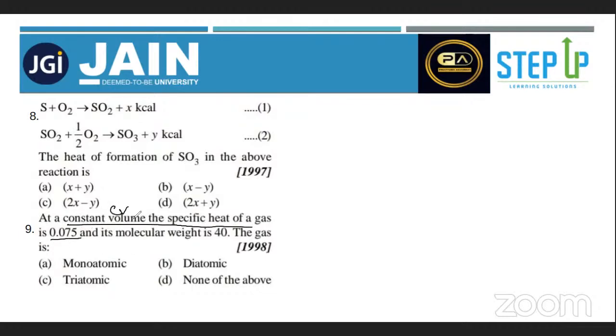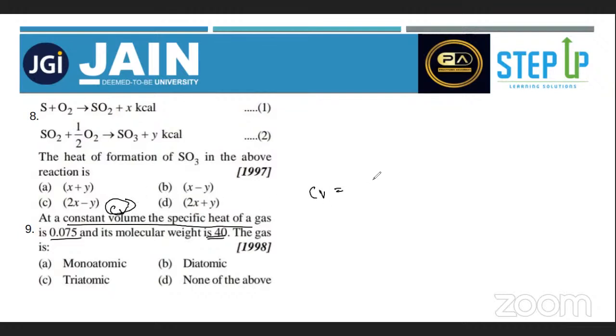That is, Cv is given to you. Its molecular weight is 40. So what will the gas be? I'm trying to find out the Cv value, the molar heat capacity. The specific heat of the gas at constant volume is this much, and I'll try to calculate Cv from here.